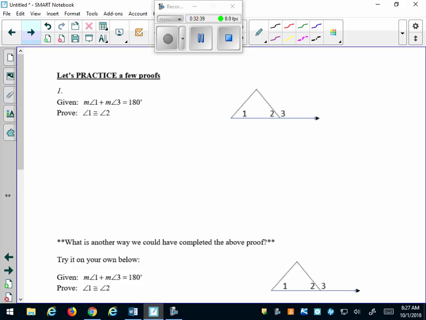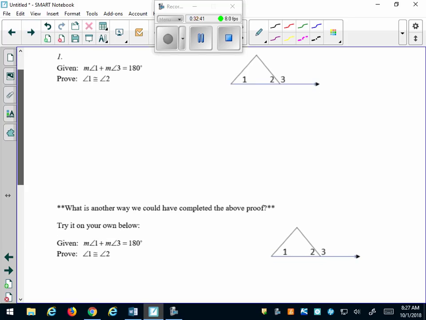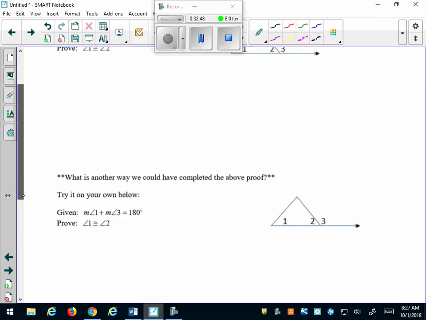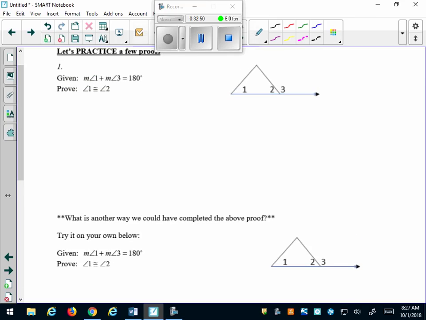You can see proof number 1 and proof number 2 are actually the same exact proof, but we're going to do it 2 different ways. So measure of angle 1 plus measure of angle 3 equals 180. We've done a proof similar to this before.